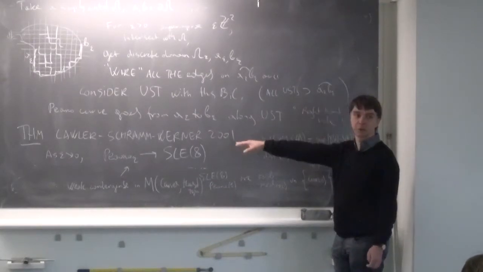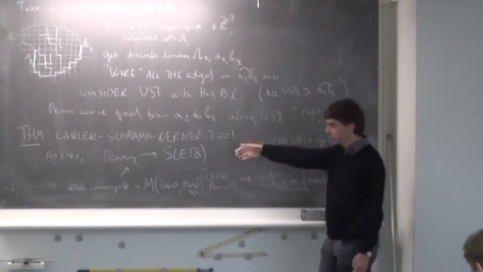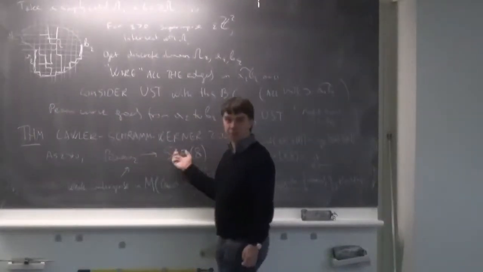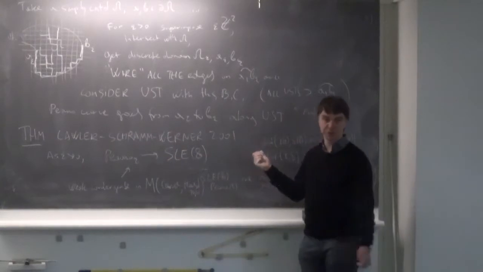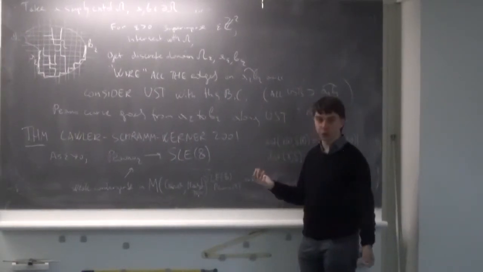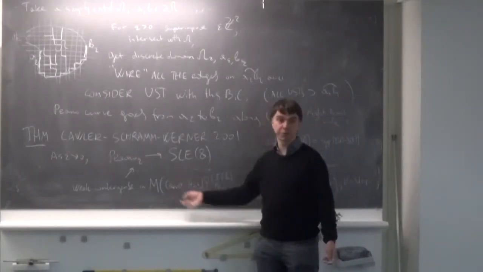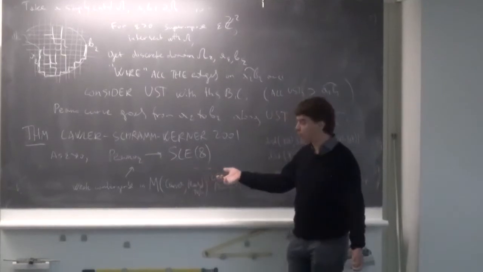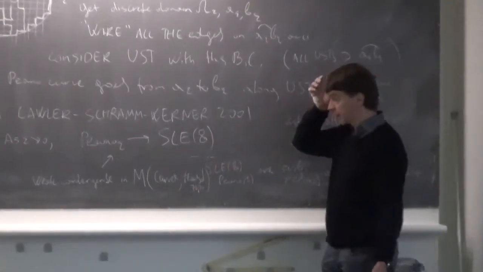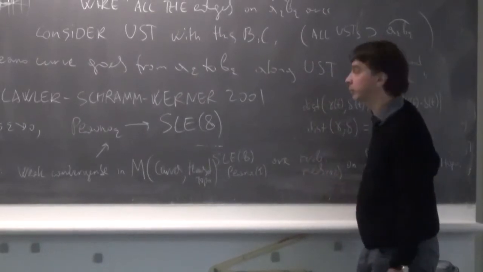So is it clear what I mean by convergence? It's the usual functional analysis convergence. You have one probability measure, another probability measure, and the probability measures converge. I can make this stronger or weaker by altering the topology on the space of curves. You can take Hausdorff topology, or you can take the topology of Loewner driving functions.